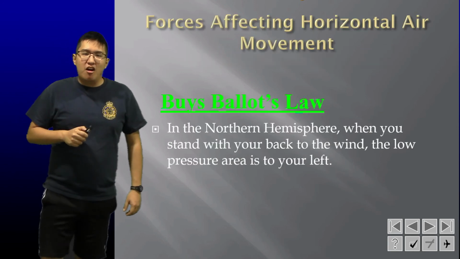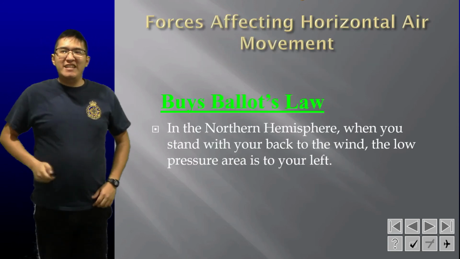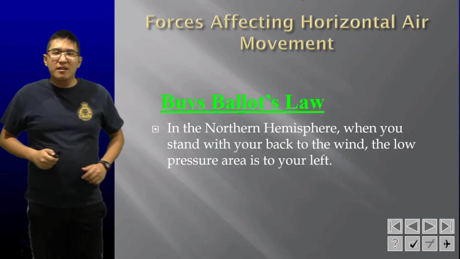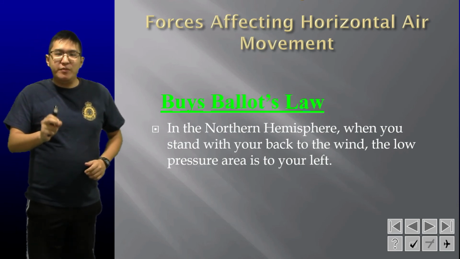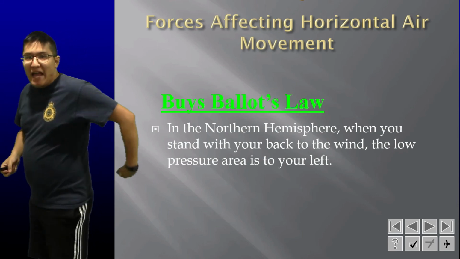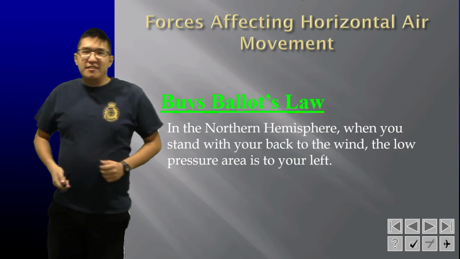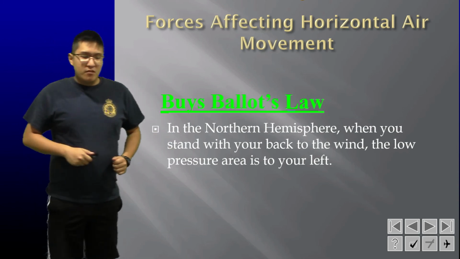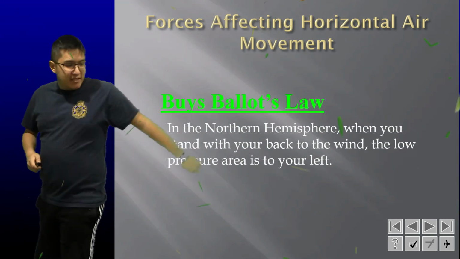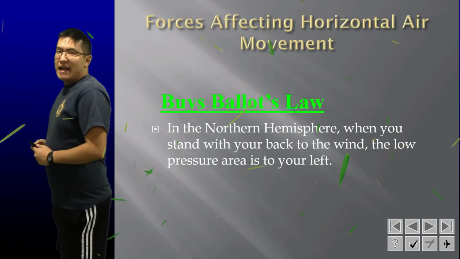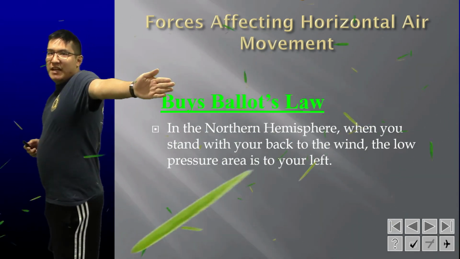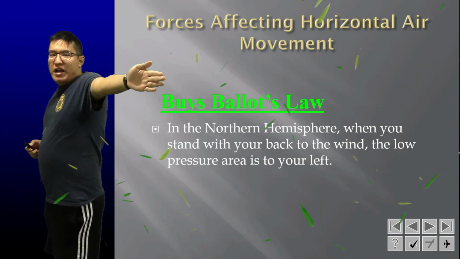Alright, Buys Ballot's law. This is an interesting one which you can actually test at home. In the northern hemisphere, when you stand with your back to the wind, the low pressure area is on your left. So let's say the wind is coming from this direction. With my back to the wind, I stick out my left hand. That's where the low pressure system is.